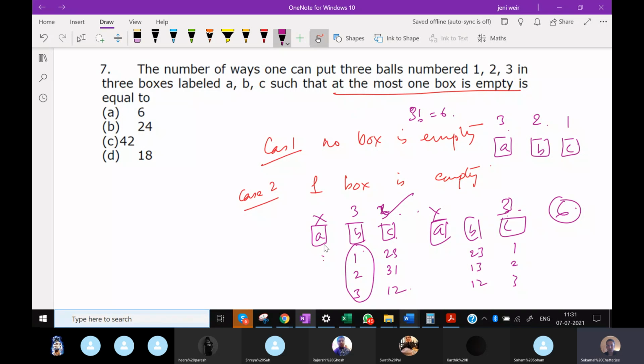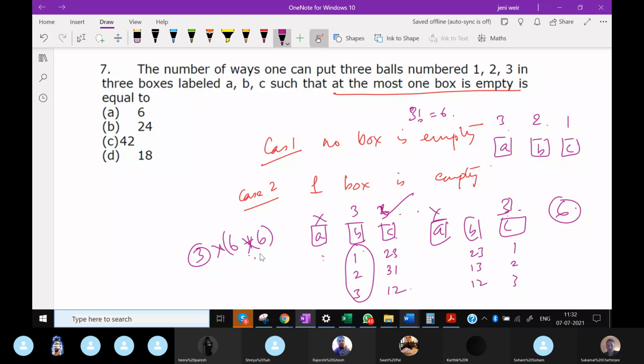Now I can choose any of the boxes to be empty. So that means I can choose any of the 3 boxes to be empty, right? Into 6, right? Sorry, not plus.